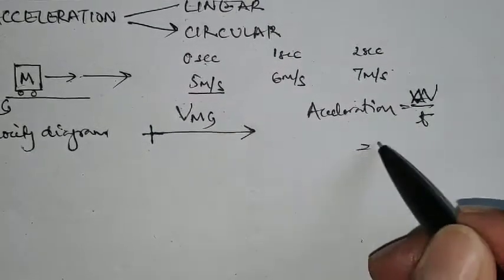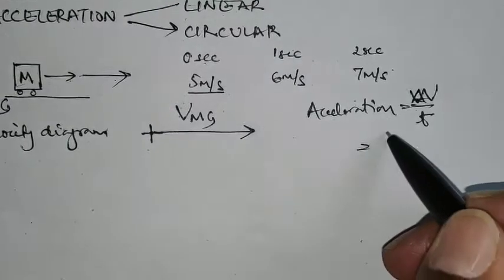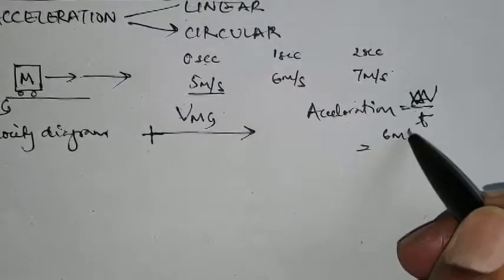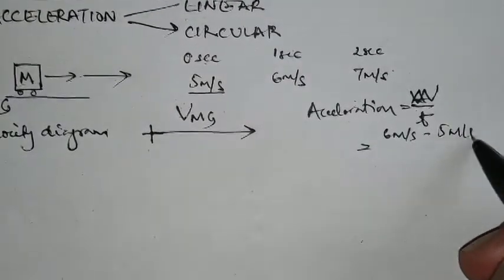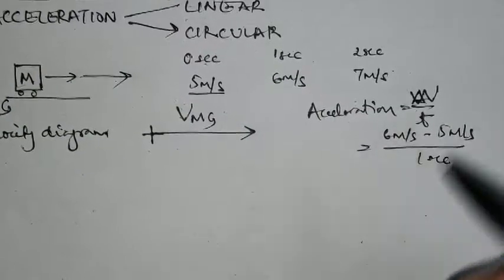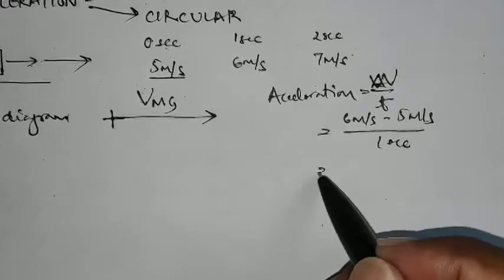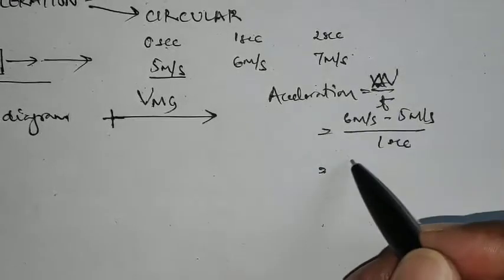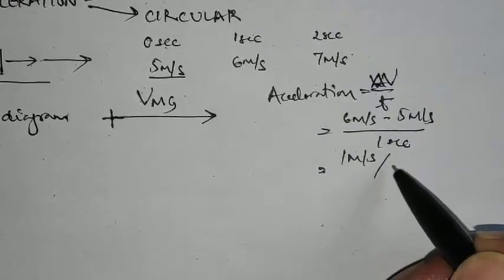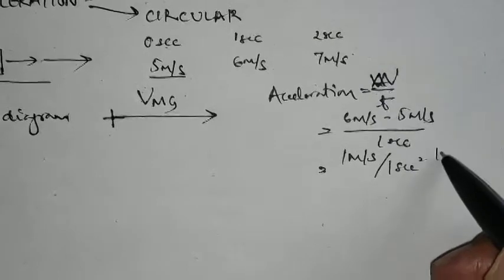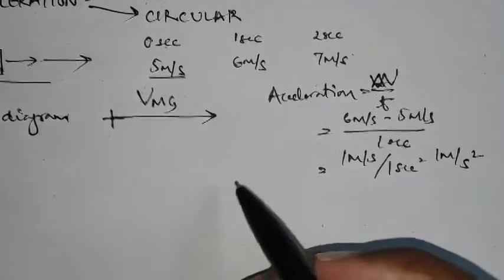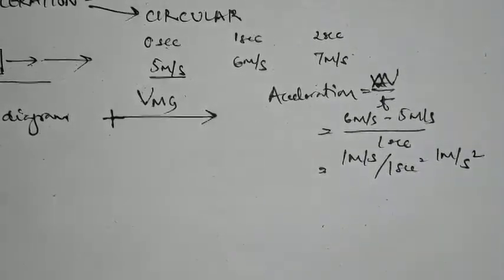The change in velocity is 6 meters per second minus 5 meters per second, divided by 1 second. During a time of 1 second it has increased the speed by 1, so it is 1 meter per second divided by 1 second. So this is 1 meter per second square. The acceleration is 1 meter per second square.